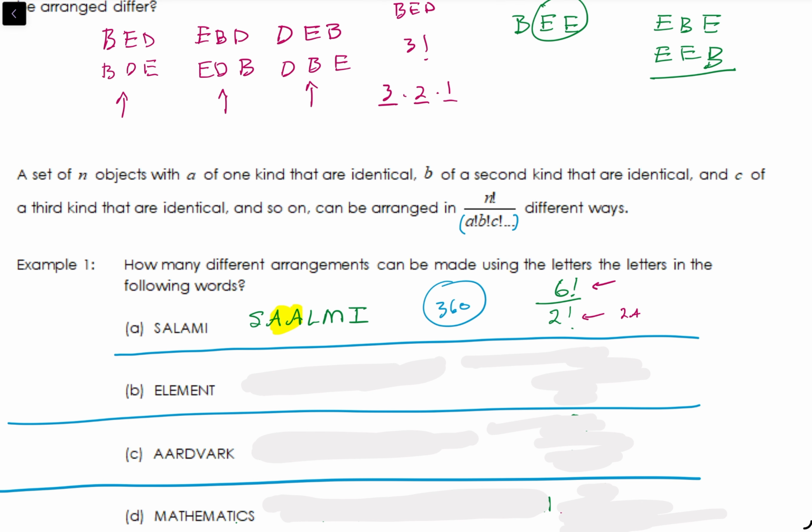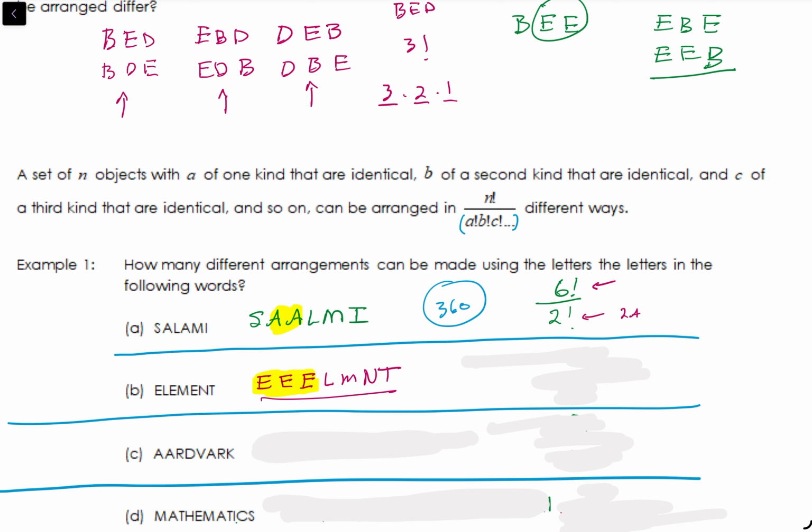Now, let's move on to our next word. We're going to try to make a different arrangement using the letters in element. What I like to do, and maybe this is my own quirk, is decompose the letters. Element starts with an E. I'm going to put all the E's together, and then the L, M, and T. I count how many letters are in element. Well, there's 7. And I count how many letters are in my decomposed element, and there are 7, so I didn't miss one.